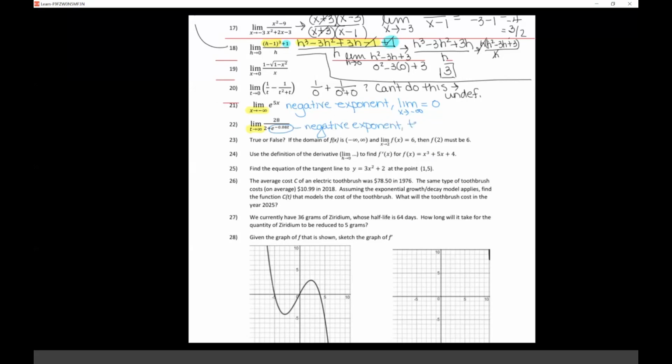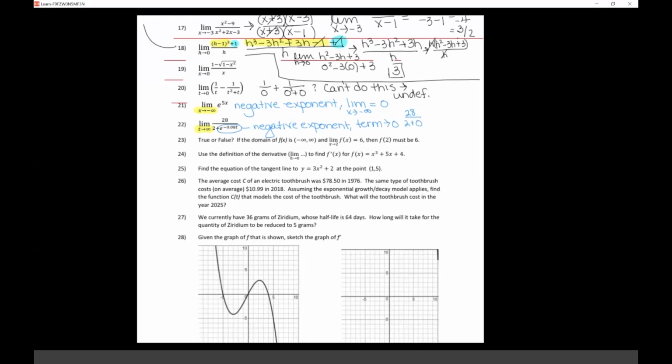So the term is going to approach 0. Just the term I have circled, right? Because this is going to be e to a very, very negative number as t blows up. So you're going to be left with 28 over 2, and that's just 14.